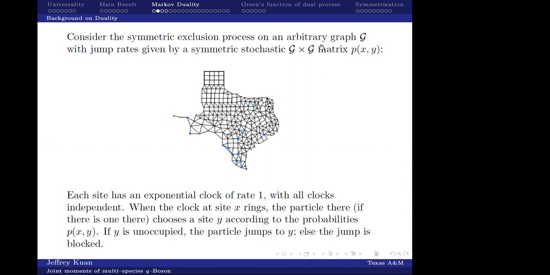You have a symmetric stochastic matrix P with rows and columns indexed by your graph. This performs exclusion. If a particle at X tries to jump, it chooses a site Y according to these probabilities, and it jumps there if it's unoccupied. Otherwise, the jump is blocked.